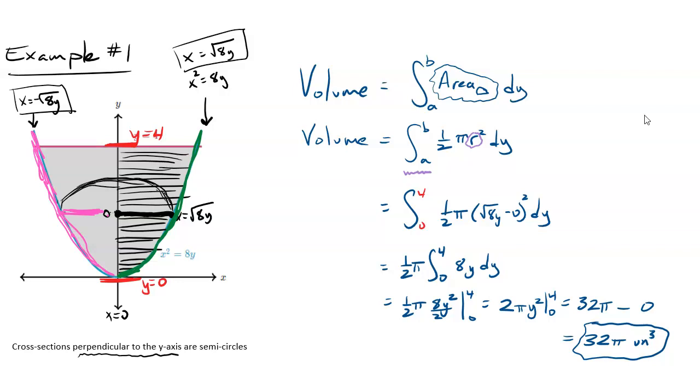Yes, that's how long this... Let me erase the pink here. My radius of my semicircle is right here that I'm highlighting in pink. And normally when you're trying to find the area of a semicircle, your radius is a number, like your radius is 5 inches.